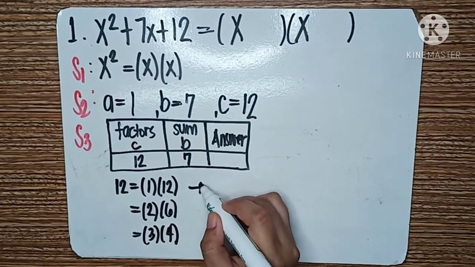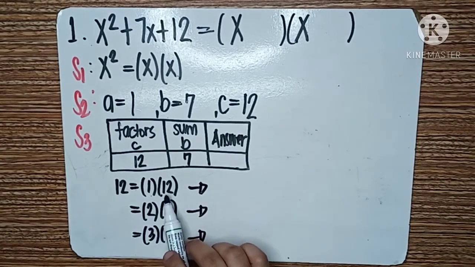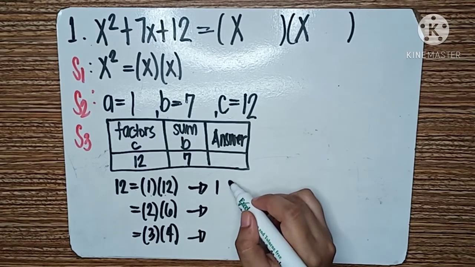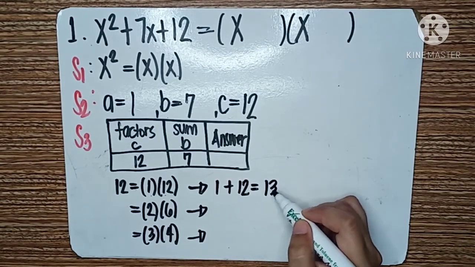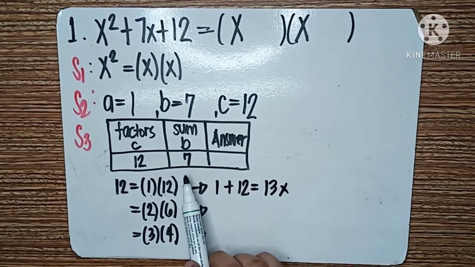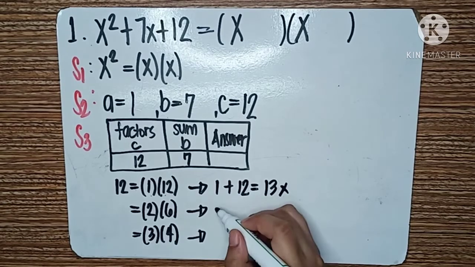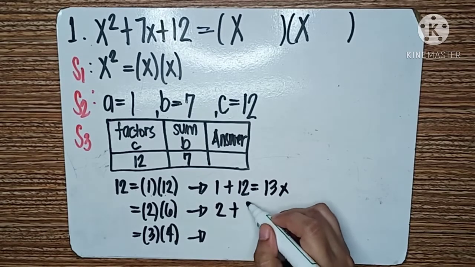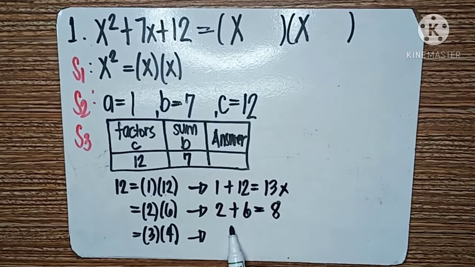Now, which of these factors has a sum of 7? Let's try to add these factors. For the first factor, 1 and 12, if we add it, the sum is equal to 13. Hindi ito yung hinahanap natin. Ang hinahanap natin ay 7. Try natin si 2 and 6. 2 plus 6 equals 8. Hindi rin ito yung hinahanap natin.